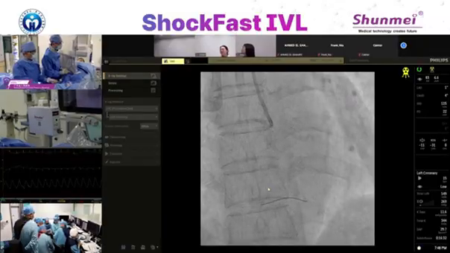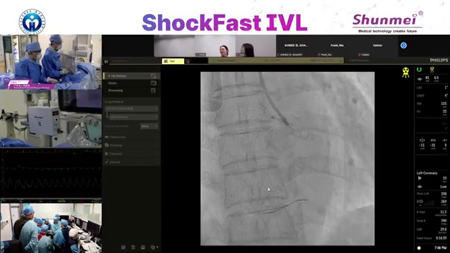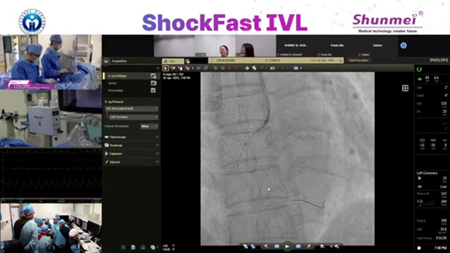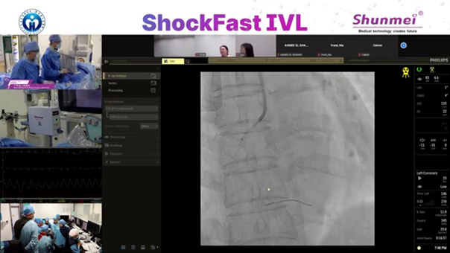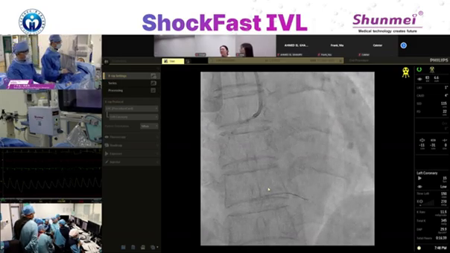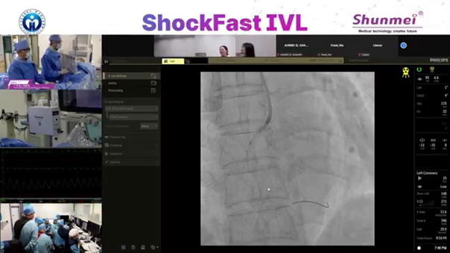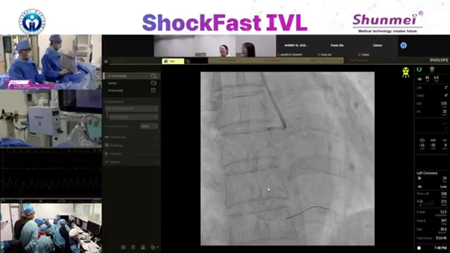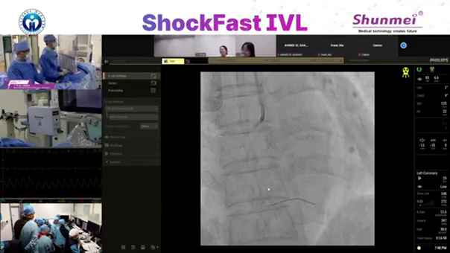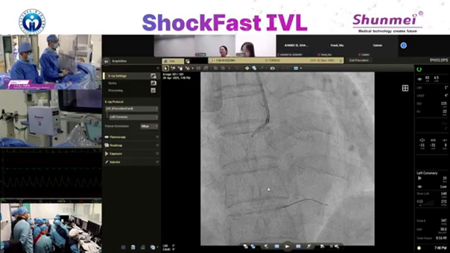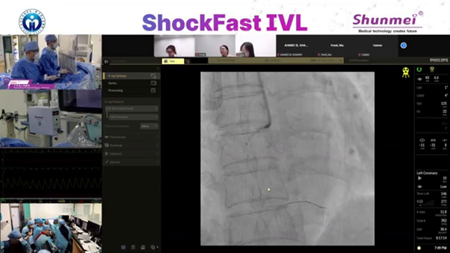Okay. Oh no. That's the regular balloon. Let's say regular NC balloon. No. No. Okay, give me a brand new 2.5 balloon. You can never cross.